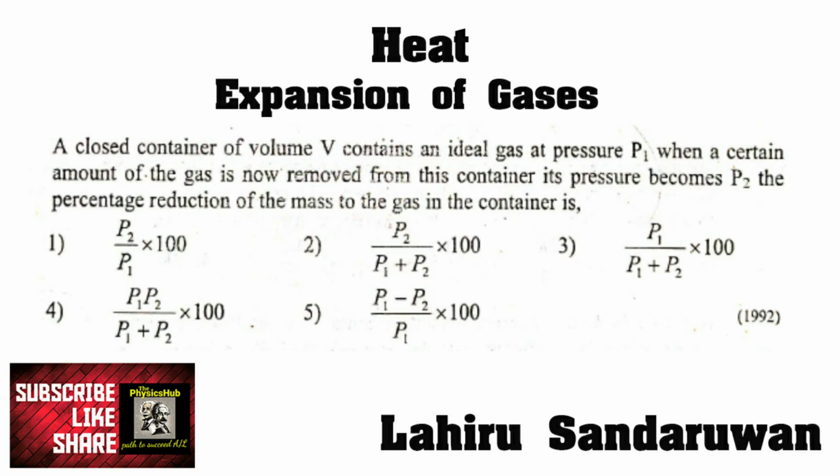A closed container of volume V contains an ideal gas at pressure P1. Then a certain amount of the gas is now removed from the container. Its pressure becomes P2. The percentage reduction of the mass of the gas in the container is?